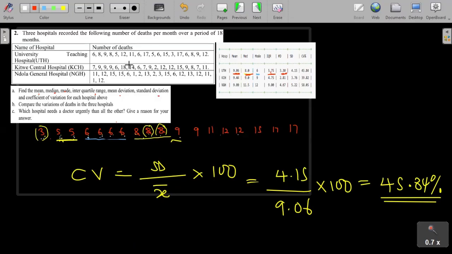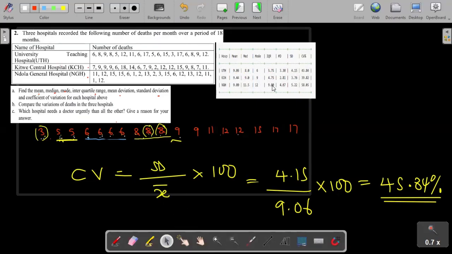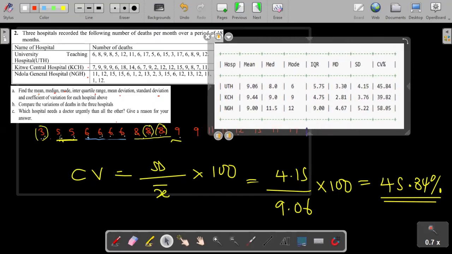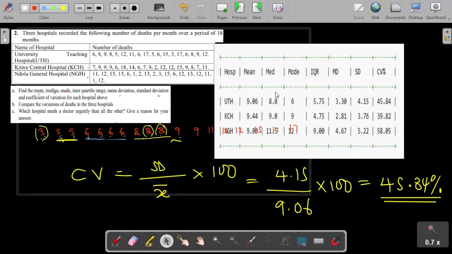For these data sets now, for KCH and NGH, you can also do the same. You can use the same formulas that we are using. The answer that you get should be approximately equal to what I got in this table here. It might differ by just some decimal points, but the whole idea is that you get something close to what I got.